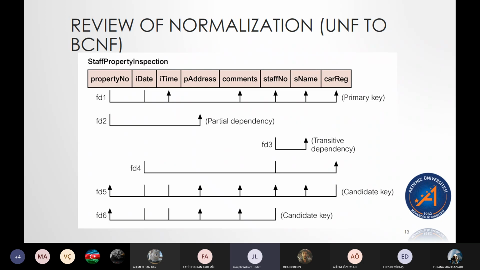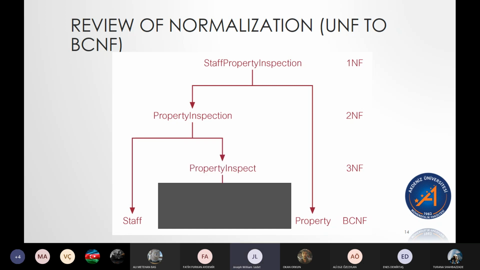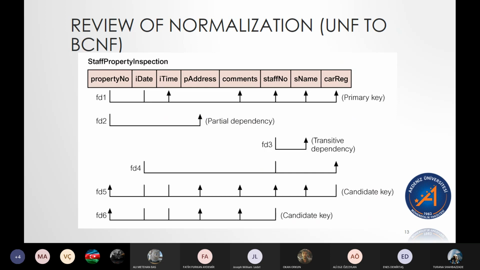So what are we going to do? Okay. Now what we'll have is this staff table that's going to have just the staff specific information.